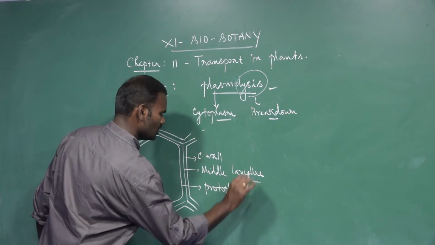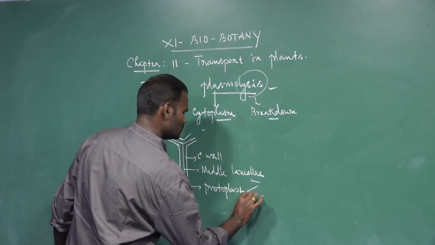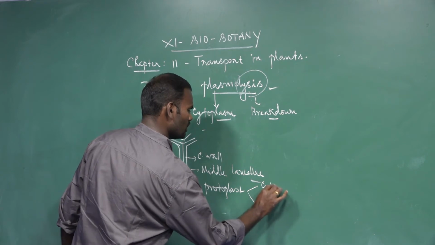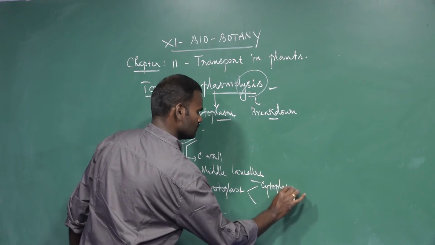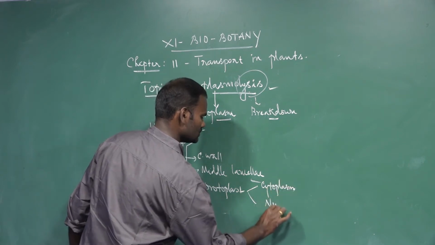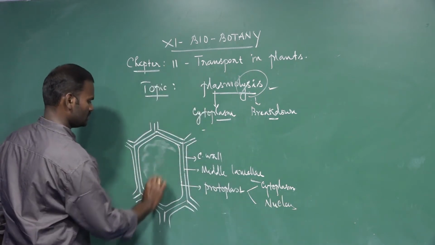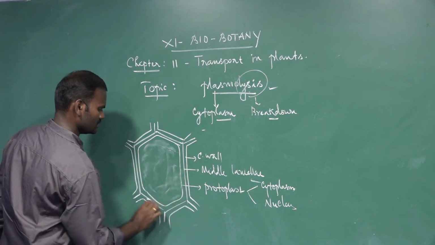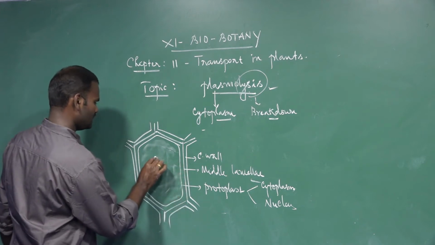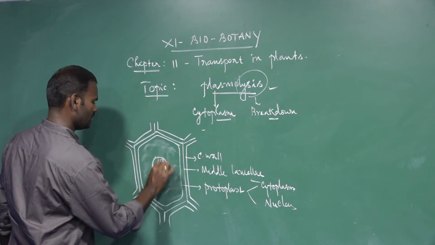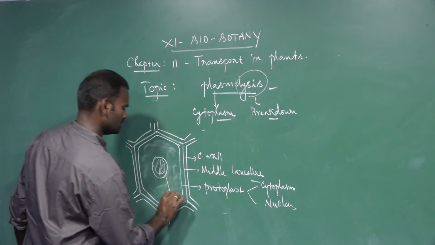Protoplasts are differentiated into cytoplasm and nucleus. So the jelly-like portion of the cell is called cytoplasm. Center portion is occupied by a large nucleus.